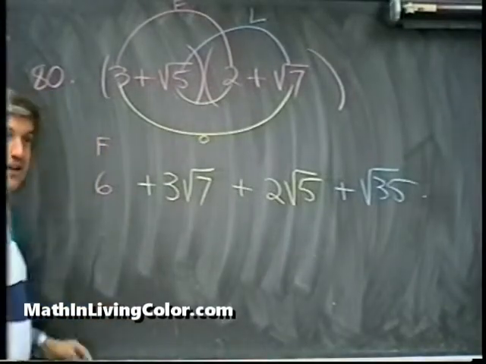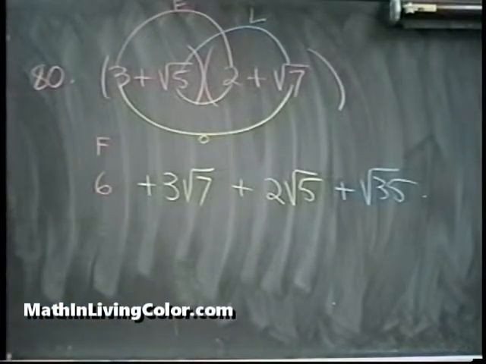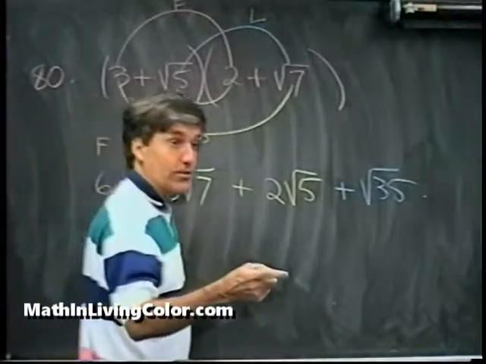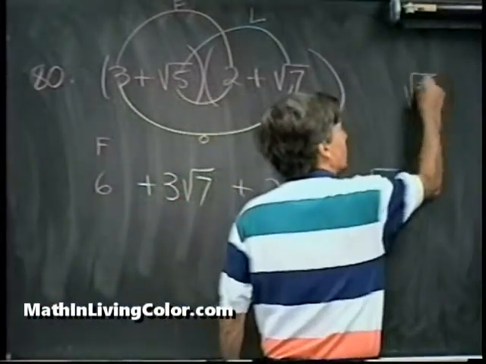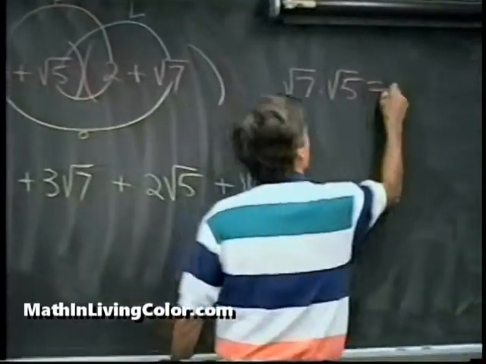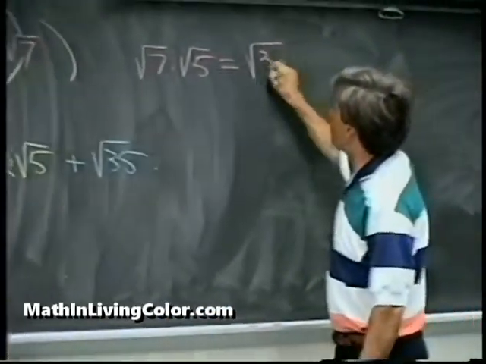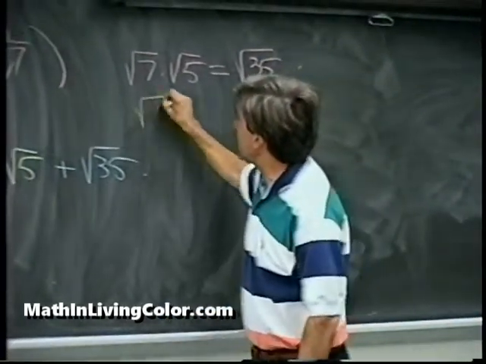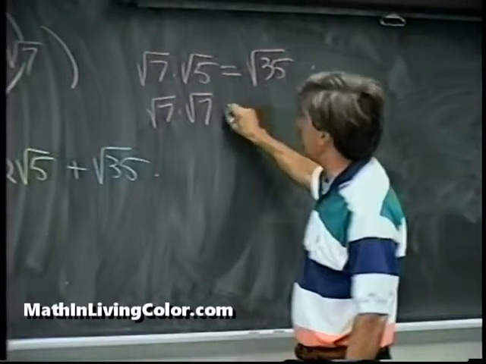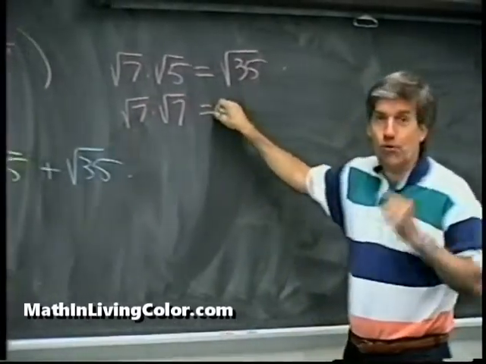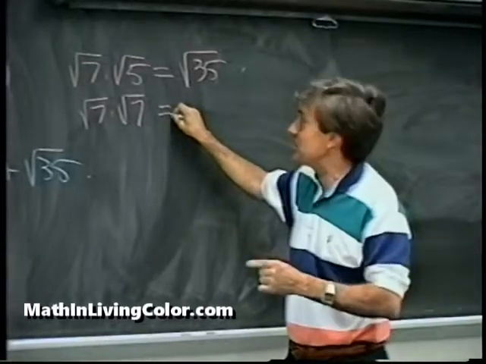Yes? Yeah, it just seems to me like it shouldn't matter what number is under the radical. When you multiply two radicals, you should remove the sign. A radical times a radical is a radical. Now, if you said a radical 7 times a radical 5, that is radical 35. Now, if you said a radical 7 times a radical 7, that would be the radical 49, which is 7.